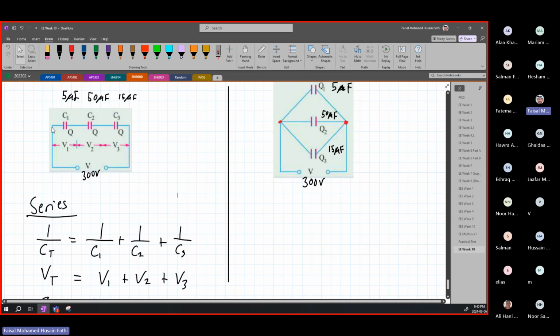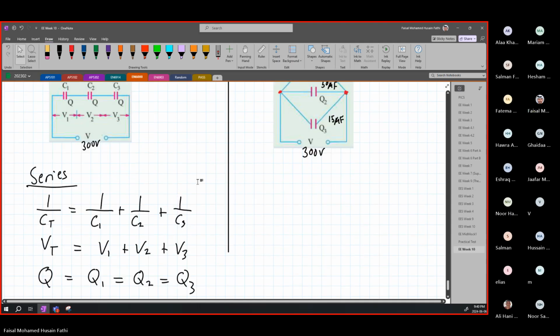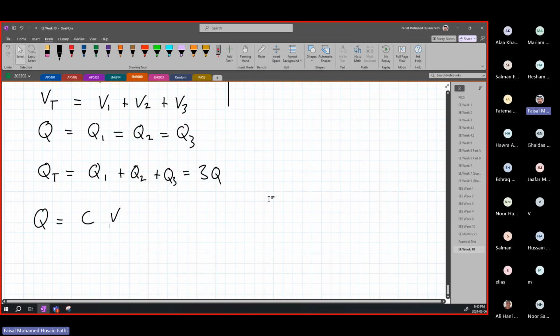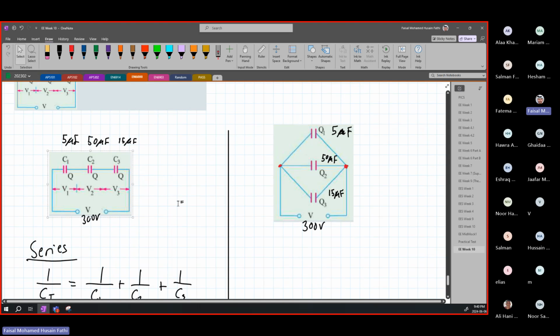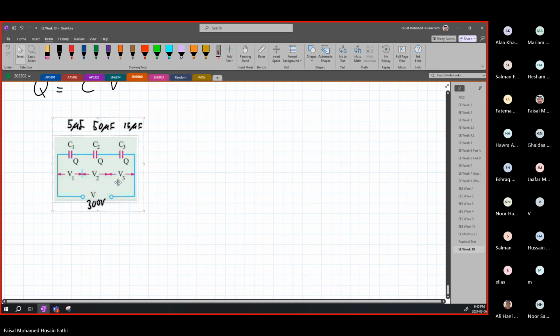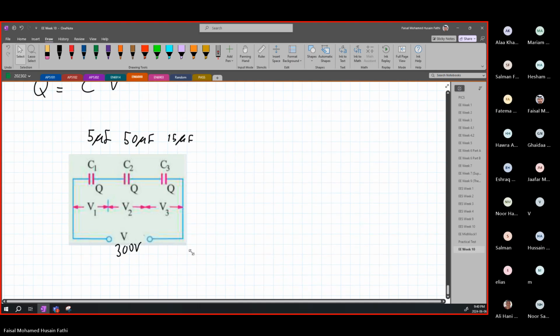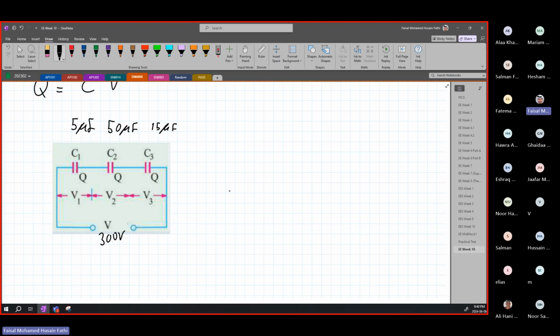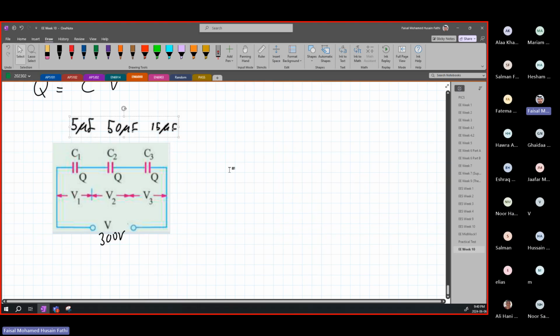So I believe the question is, find the charge on each capacitor for each one. How do you find the charge? Remember that charge is equal to C times V. But the first thing we need to do is find our C equivalent.